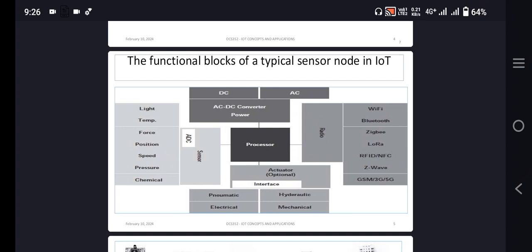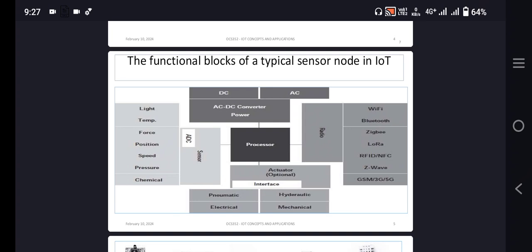The information collected by the sensor is in analog form, which is converted to digital by means of an ADC, analog to digital converter. The digital data is given to the processor for processing as well as control operations.